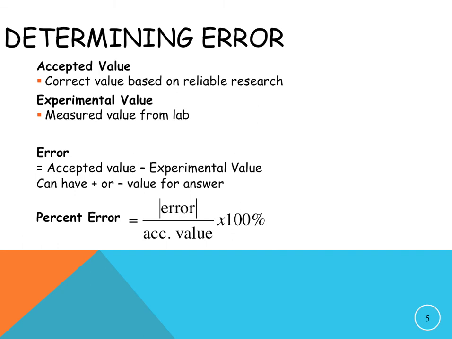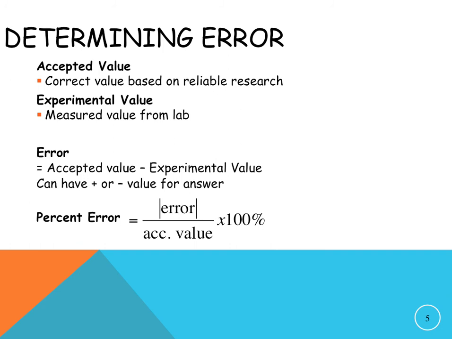The next topic we have is determining error. So we want to know, how wrong are we? In order to do this, we have to have two components. We have to have an accepted value, meaning a starting point, a correct value, or a reliable value from research. We also need to have an experimental value.